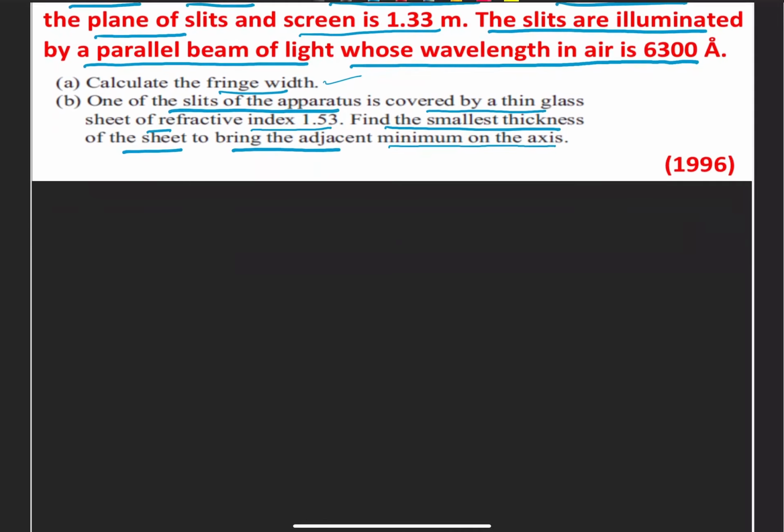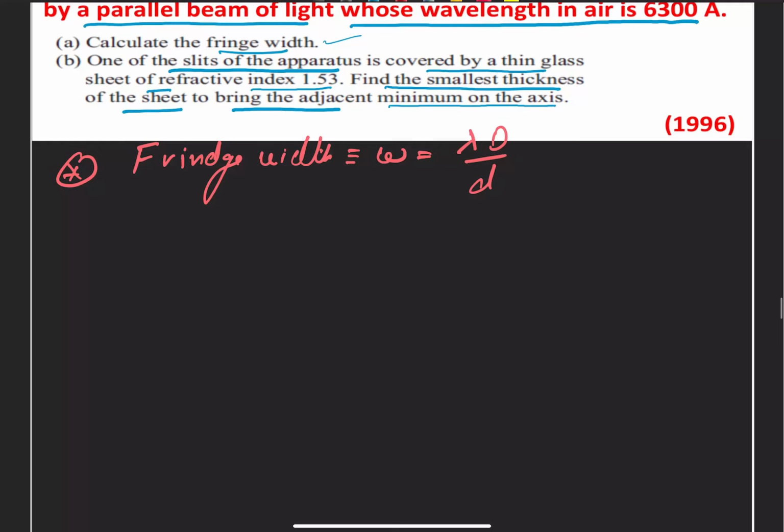So first of all, we are going to find out the fringe width, and we already know its formula. So we can say fringe width, that is our W, is equal to lambda D divided by small d, where capital D is the distance between the slit and screen and small d is the distance between the slits. Lambda is the wavelength.